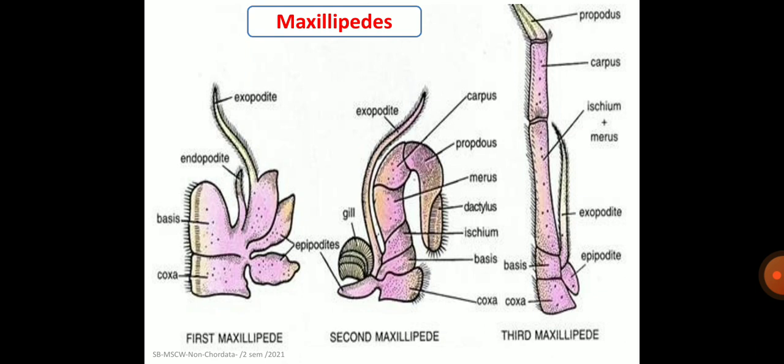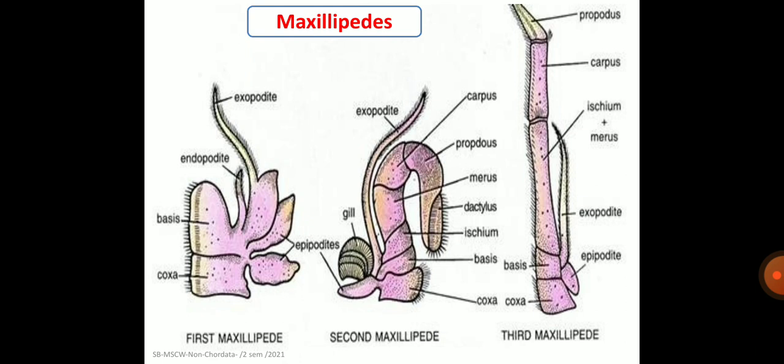The second maxillipede is almost like an interrogative mark. It has a two-segmented protopodite like the others, the coxa and the basis, which are seen very clearly. The coxa bears an epipodite and a gill, called a podobranch, on its outer margin.